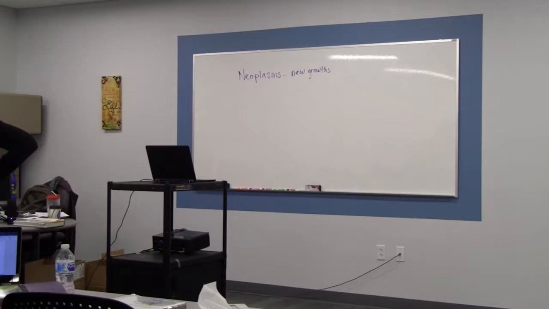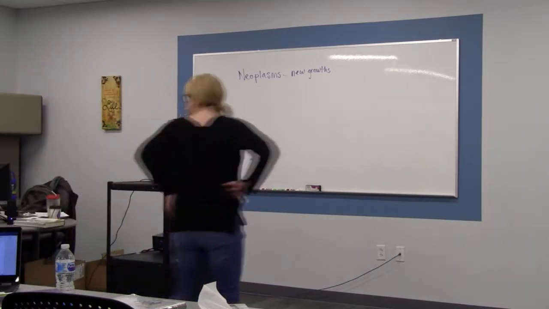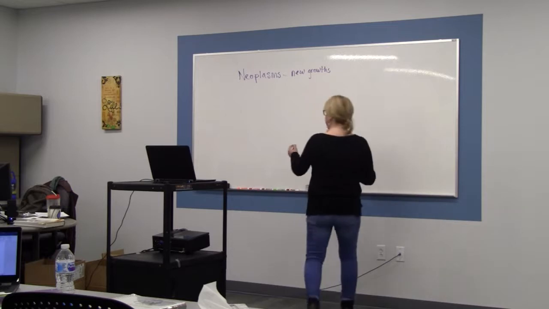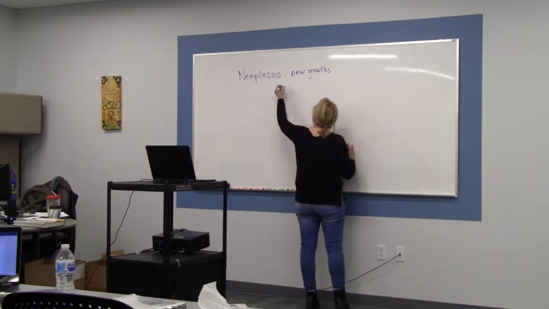So this is your table of neoplasms. It is organized alphabetically first and then anatomically.